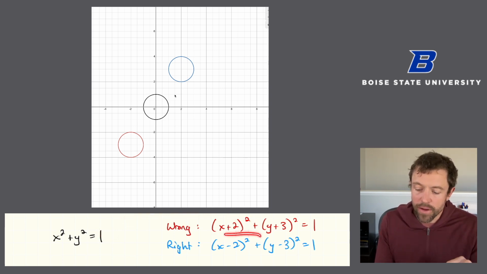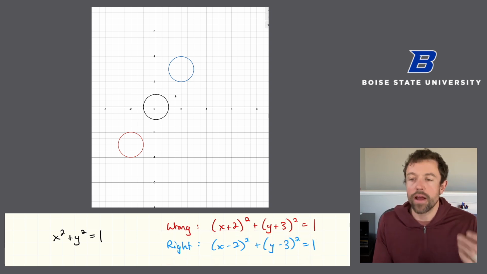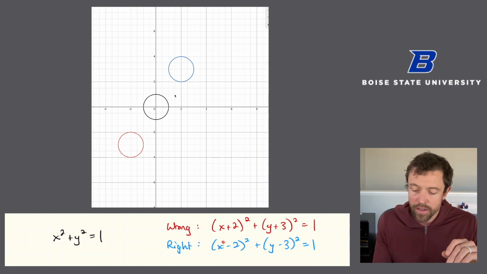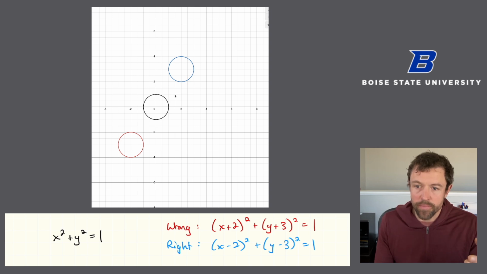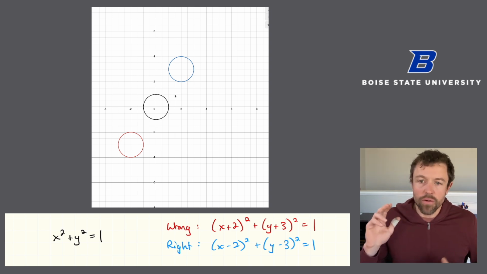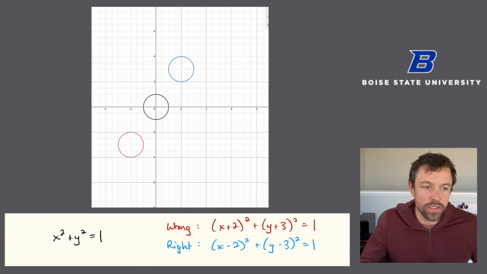And so that's why you have to subtract 2 and 3 rather than add 2 and 3. If I plug in (1, 0) to this equation, that's correct. But to plug in (1, 0) here, I have to plug in (3, 3), which is a point on this circle. Okay, so that's what you hopefully learned at some point in college algebra or Algebra 2.